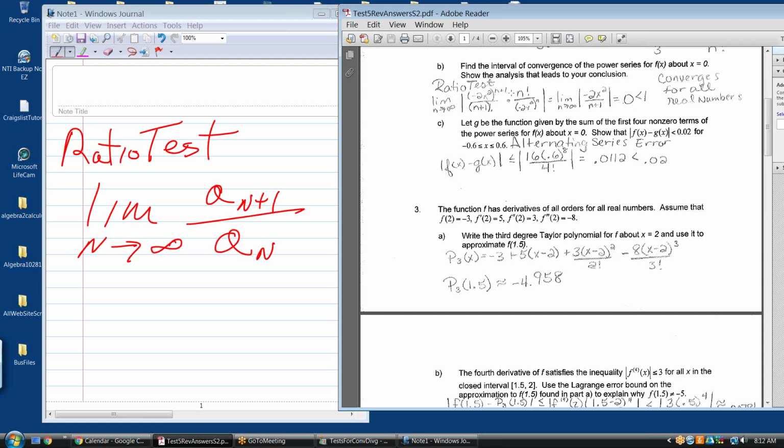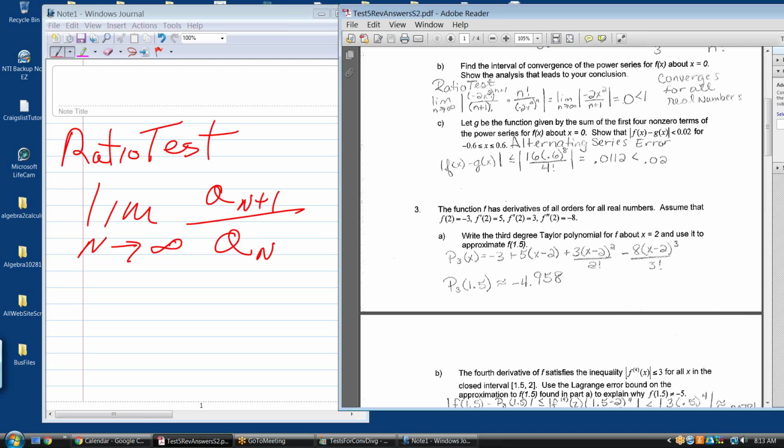Okay? Now, we talked about this last time, but there's a lot of tricks you can use when factorials are involved and when exponents are involved that differ by only 1.